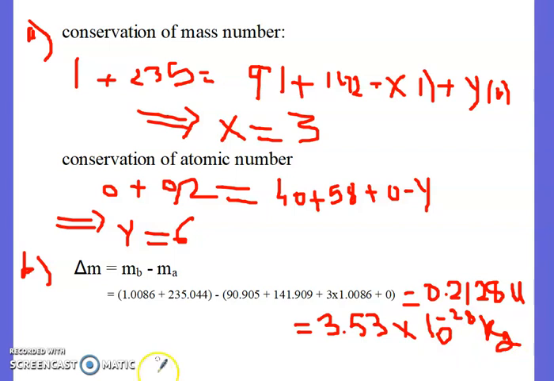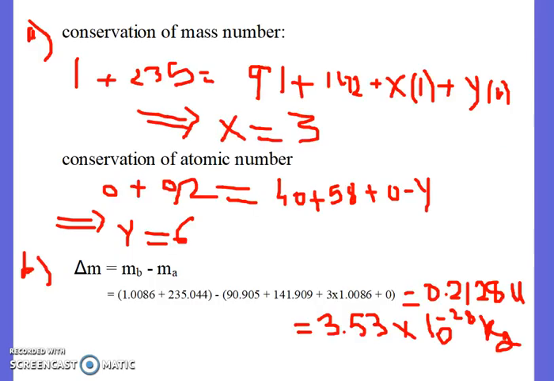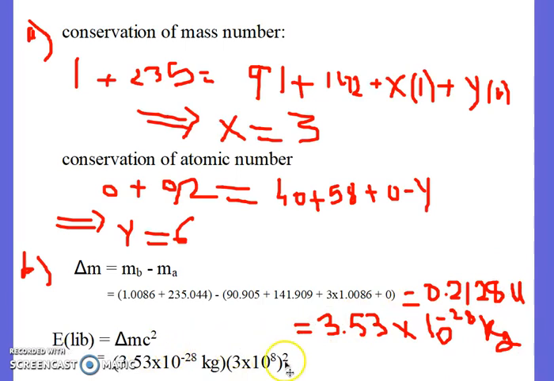Now we need the energy liberated by the reaction. Energy liberated, part C, equals delta M c squared, okay? So energy liberated equals delta M c squared.